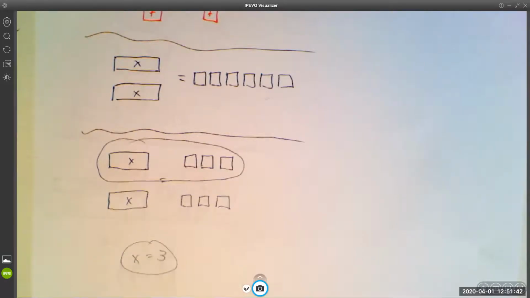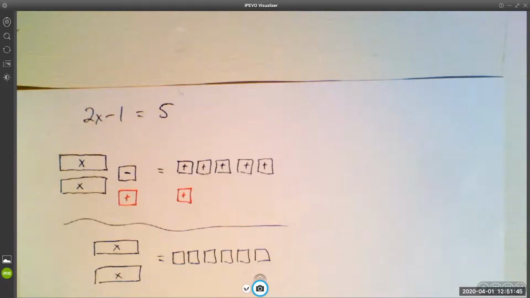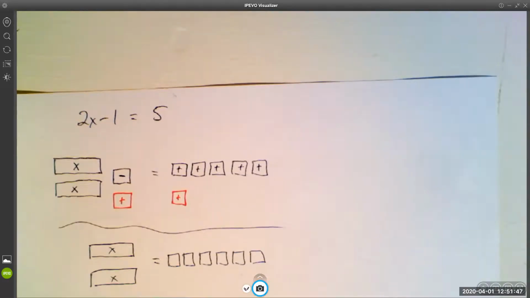So that's a two-step problem, right? So we did an example, x plus 3 equals 5, which was a one-step problem. Here's a two-step problem. Let's see if we can make it a little more challenging.